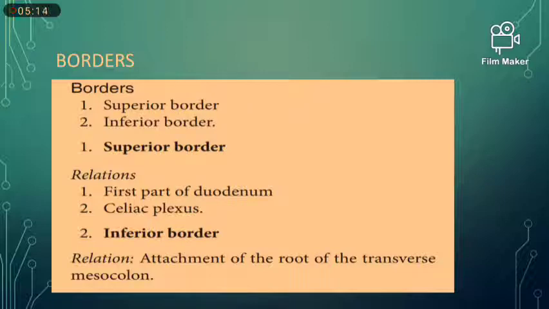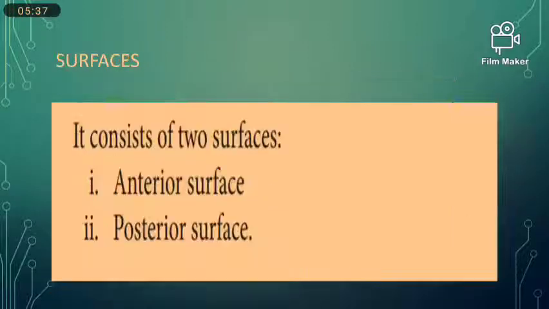The borders of the neck are the superior border and inferior border. The superior border is related to the first part of the duodenum and celiac plexus, and the inferior border is related to the attachment of the root of the transverse mesocolon. The transverse mesocolon is a double fold of peritoneum which holds the transverse colon.